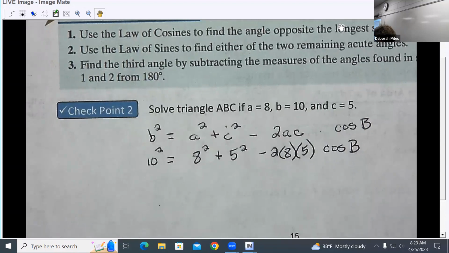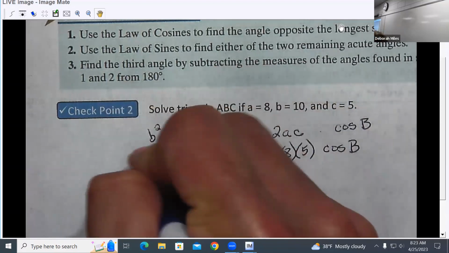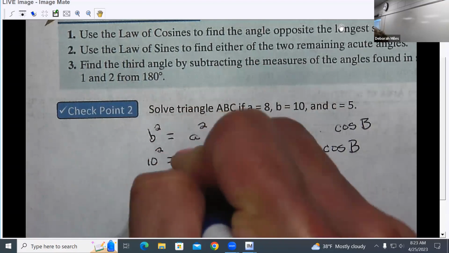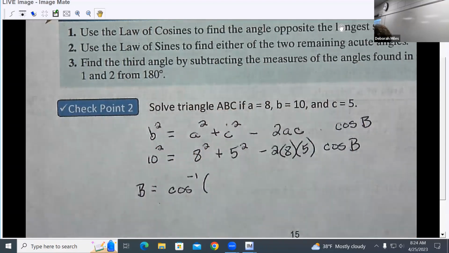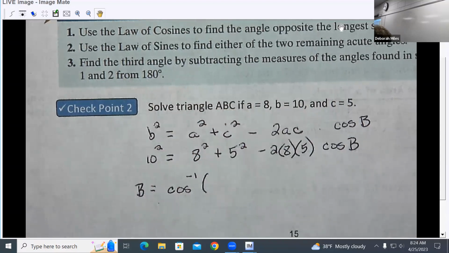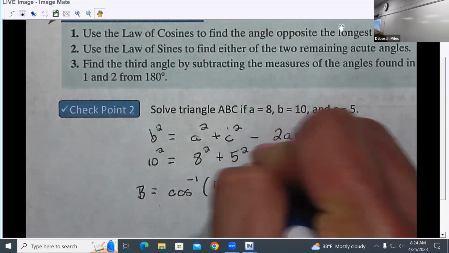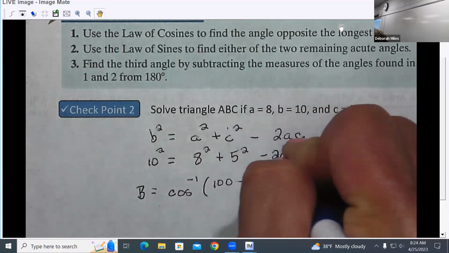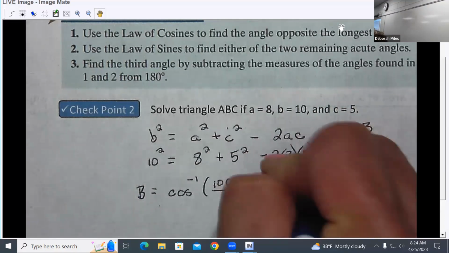If not, I can put in middle steps. But I'm going to go ahead and say B will be the inverse cosine of exactly what you just told me to do. I have 100. I need to subtract the 64, subtract the 25, divide by the -80.